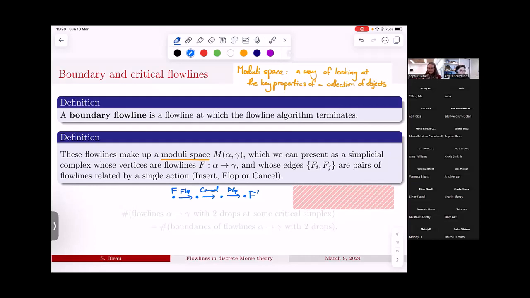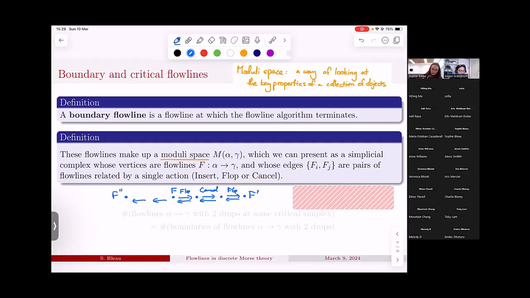Then say that we, for the hell of it, want to apply the algorithm again to this new flow line we've got, F prime. First we apply flop, and then we keep going an odd number of times, because the algorithm always has an odd number of operations in the algorithm to get to some F prime prime.